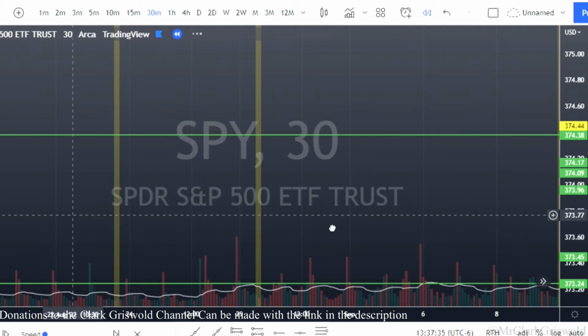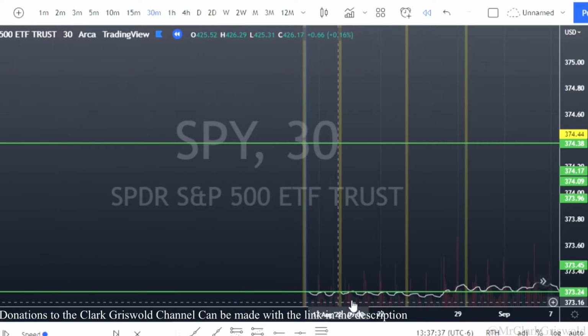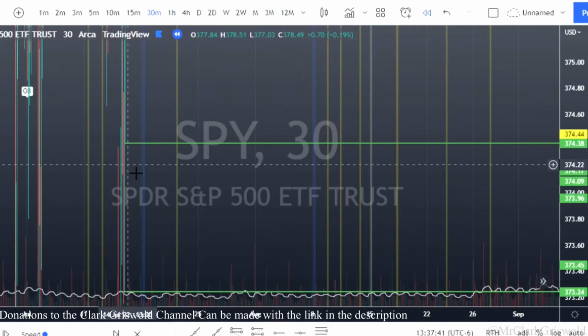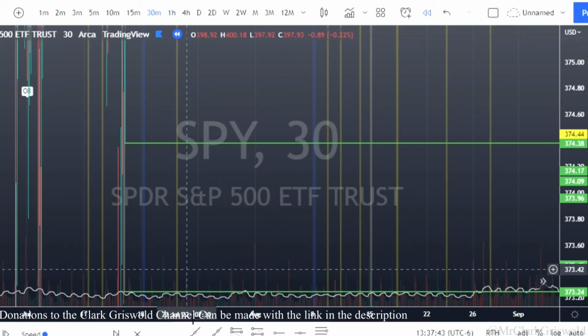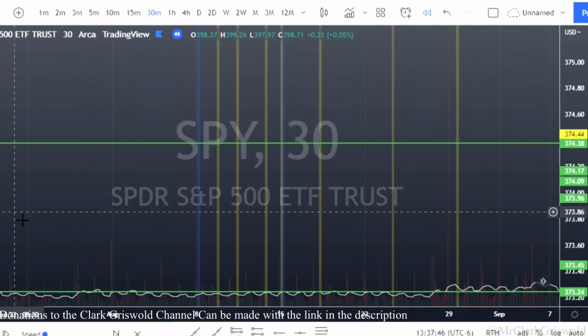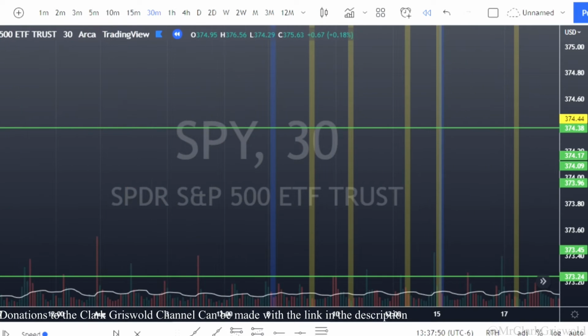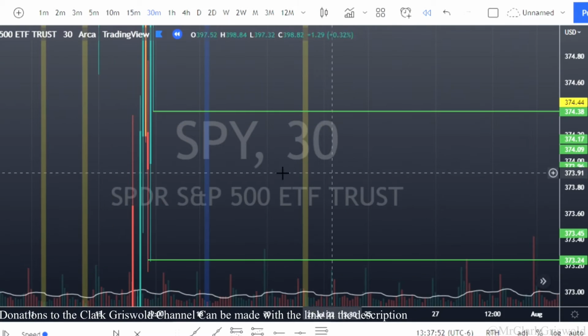We have to go far back, and here it is on, looks like, July 22nd. If I zoom in there for you guys, you'll be able to see that I've just placed it at the bottom of the wick right here. Okay?